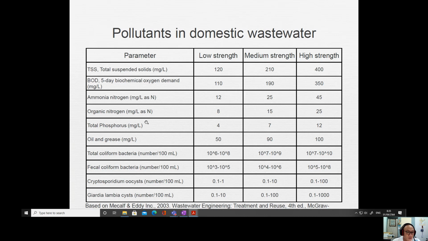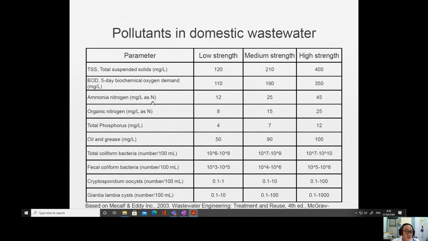The units of the nitrogens are normally expressed as milligrams per liter as nitrogen, not as ammonia or as organic nitrogen, so that these two amounts can be combined as they both have the same unit. Both are expressed in terms of milligrams per liter as N.